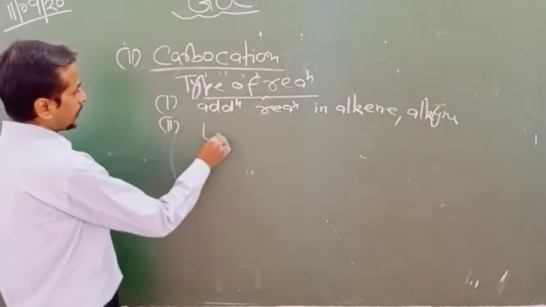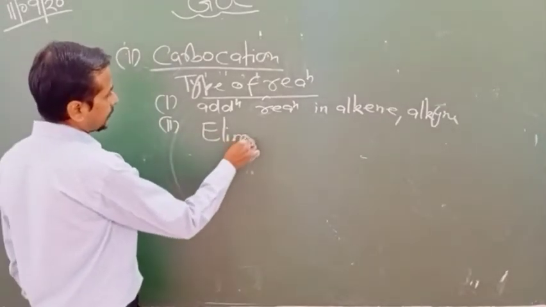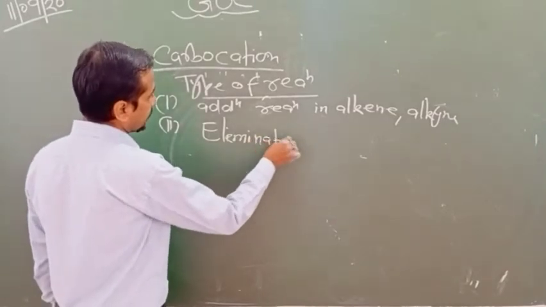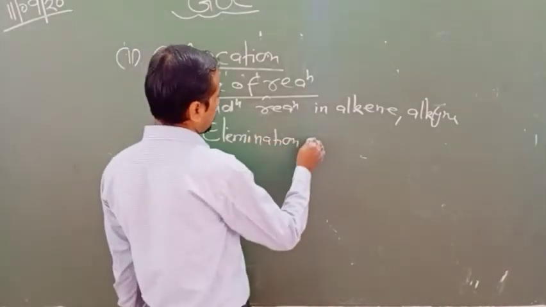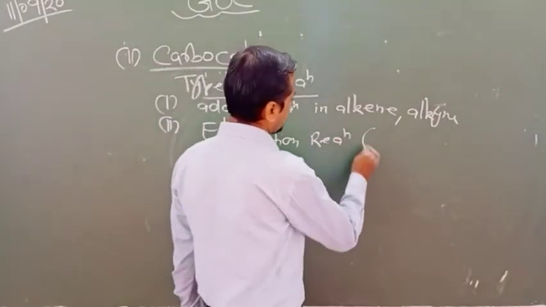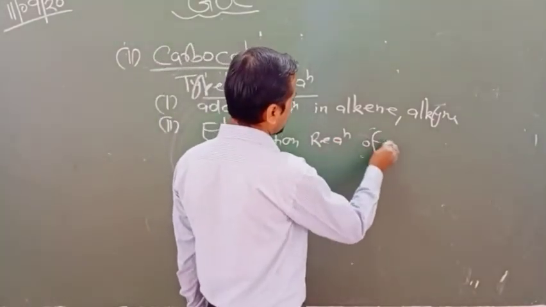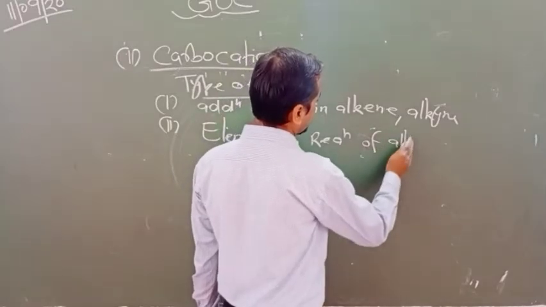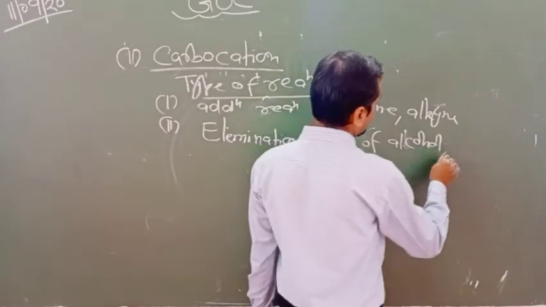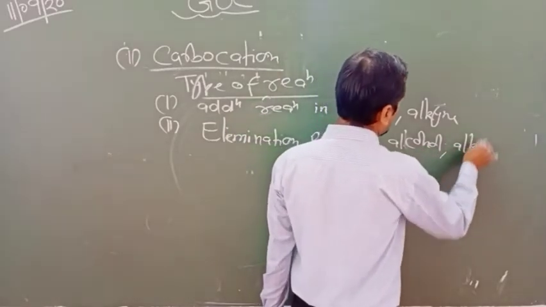Second, elimination reaction, that is basically beta elimination of alcohol, alkyl halide.